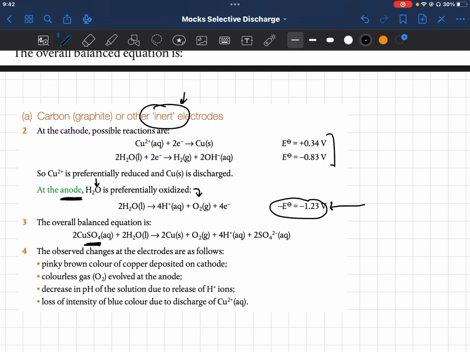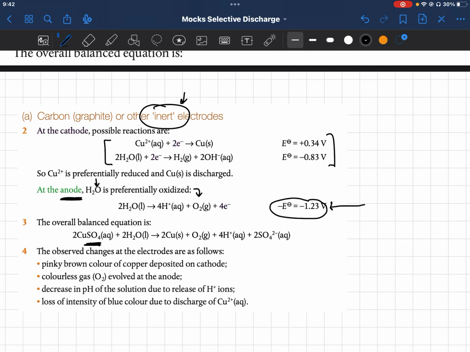Now, I didn't love this question because, of course, you don't have the data booklet to think about the cathode. Some teachers recommend that you're at least familiar with the electrode potentials. I don't think memorizing section 24 of the data booklet is a great use of your time, but this is a particular reaction that shows up in the textbook that they like to ask about.